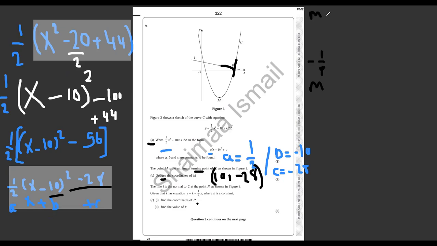So the gradient of the normal will be equal to 8.